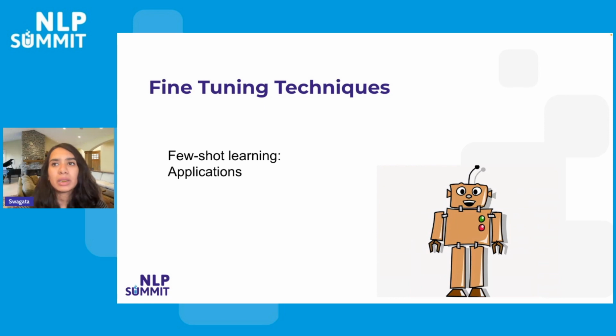The second technique of fine tuning is few shot learning. Few shot learning is a very interesting concept where it involves training the model with a very limited set of examples. The few shots are basically prompts or examples that we provide to guide the model in generating desired outputs.